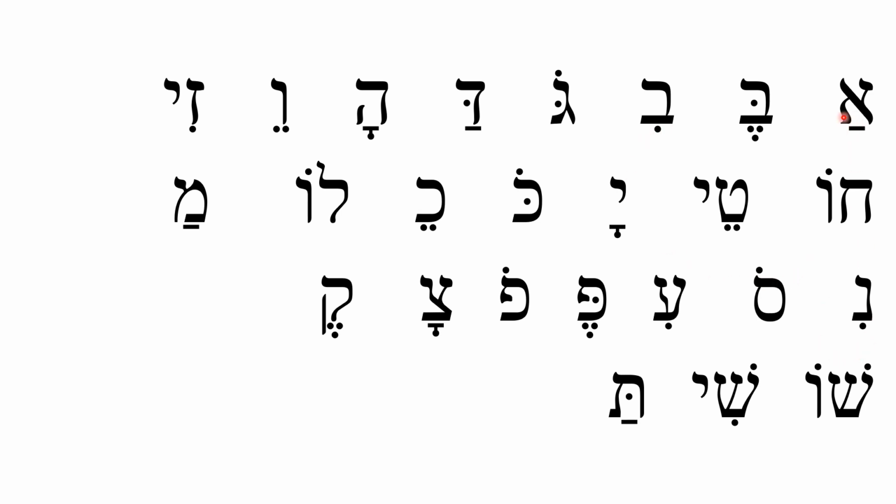So we have the Alef, Bet, Vet, Gimel, Dalet, Hey, Vav, Zayin, Chet, Tet, Yud, Kaf, Chaf, Lamed, Mem, Nun, Samech, Ayin, Pei, Fei, Tzadi, Kuf.